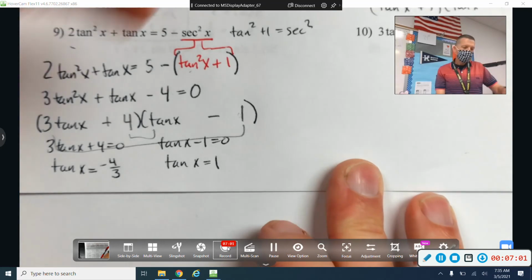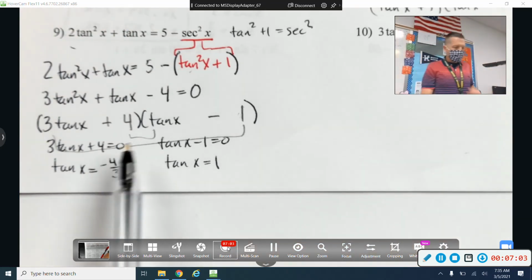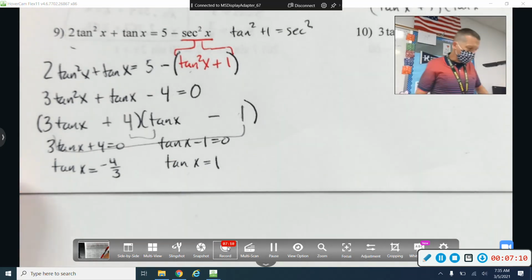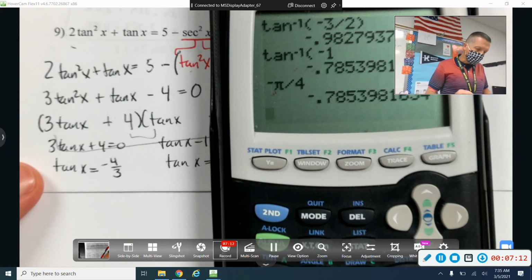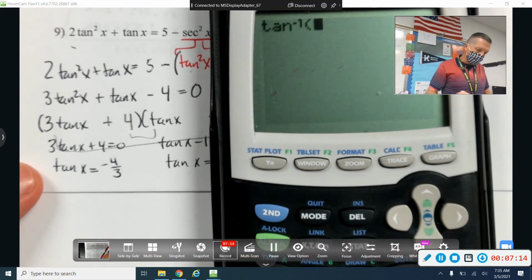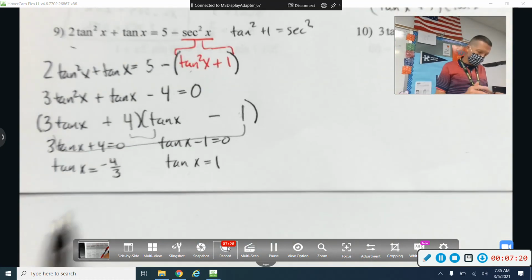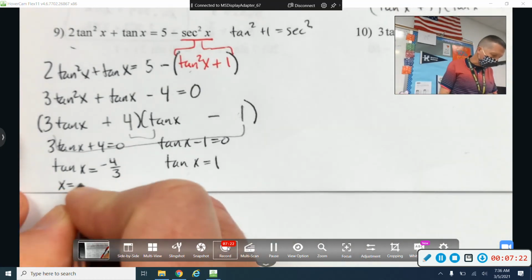All right, I like this problem. I'm glad you picked it because part of it needs a calculator, part of it doesn't need a calculator. So for the calculator part, this would have to be on the calculator part of the exam. Inverse tangent of negative 4/3. So that's just from the calculator.